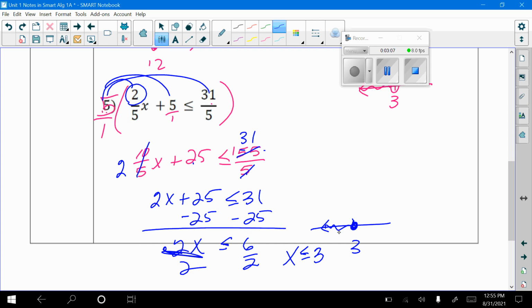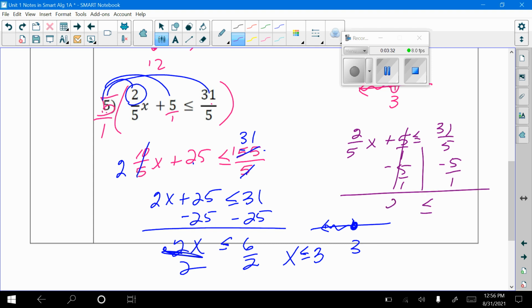and going left. Now, if I chose to do that using the fractions, I would have 2 fifths x plus 5 less than or equal to 31 over 5. This is over 1. So I'm going to go minus 5 over 1, minus 5 over 1. I'm going to have 2 fifths x less than or equal to, well, 5 over 1, I still have to find a common denominator.